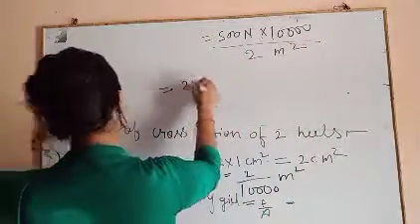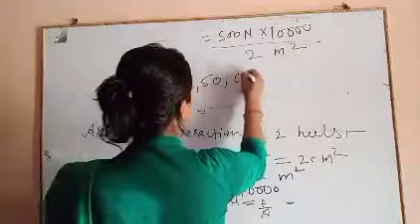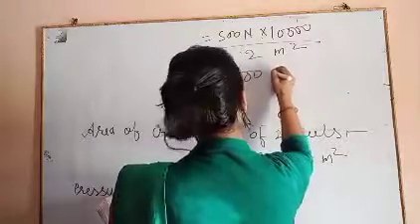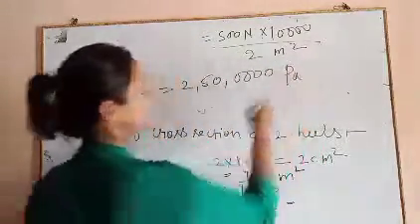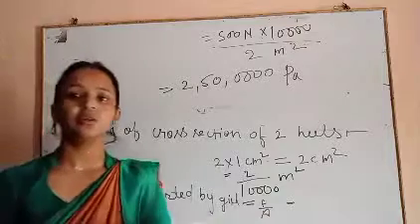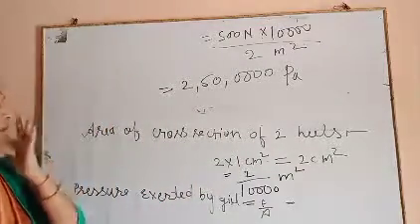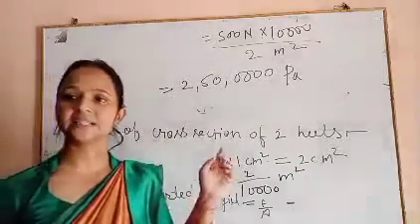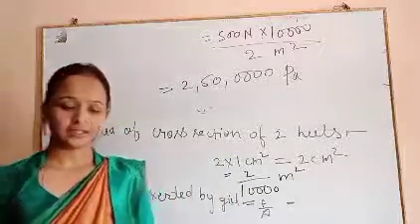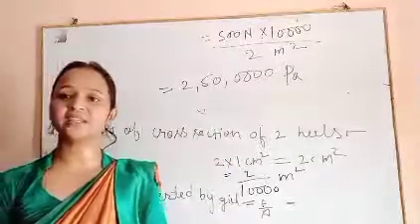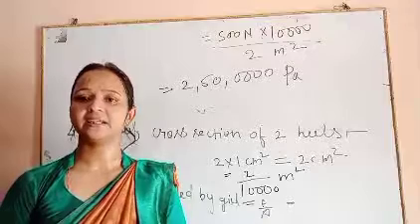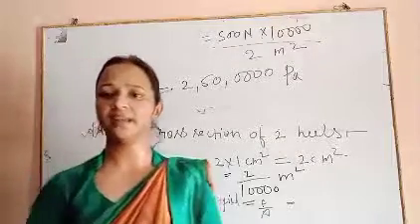Then here it will come 250,000 Pascal. So this is for the girl. So all of you take revision till here, and tomorrow I will discuss the elephant.